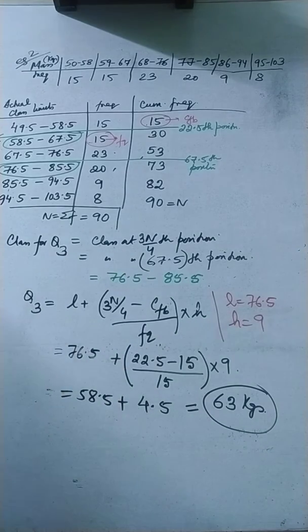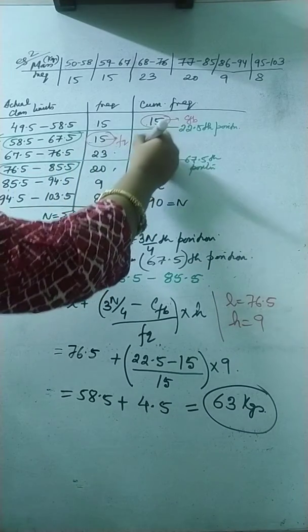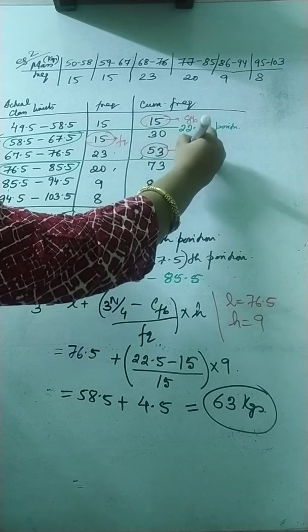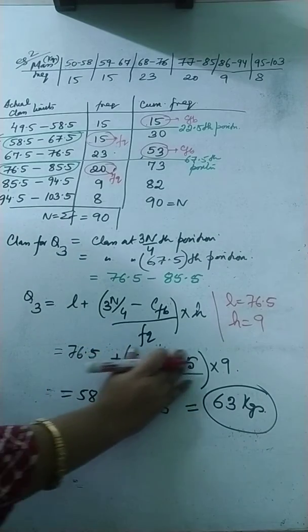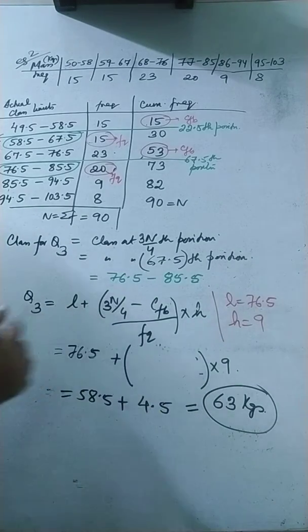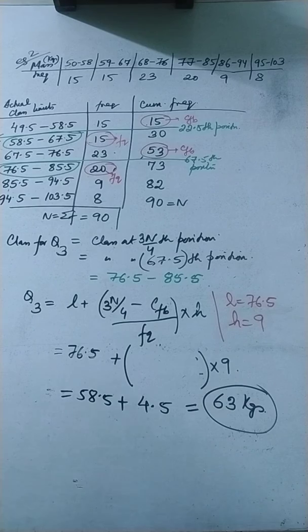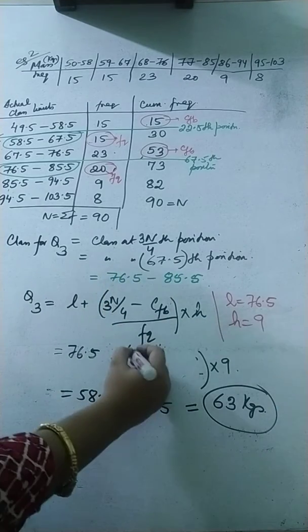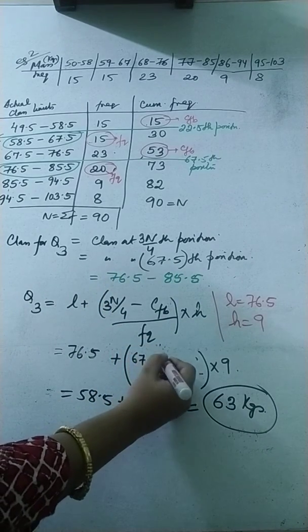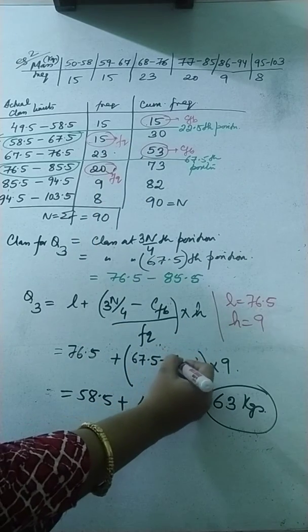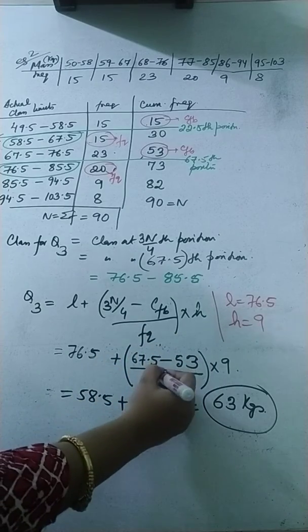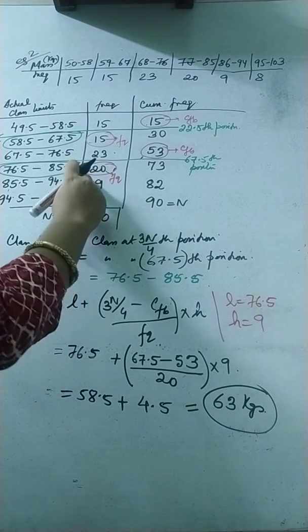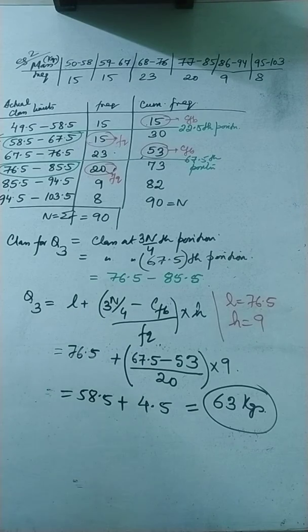Now for this particular case, what is CFB and what is FQ? This is your CFB now, and this is your FQ for Q3. So this will change and it will become 3n by 4. We got it as 67.5 minus CFB is your 53 by FQ. FQ is 20, CFB is 53.